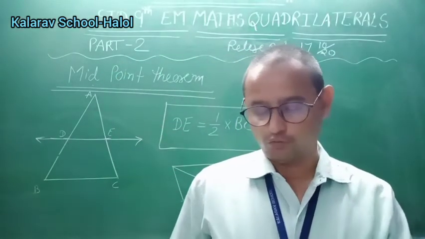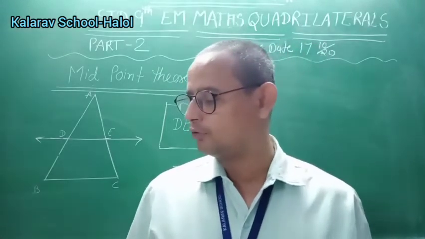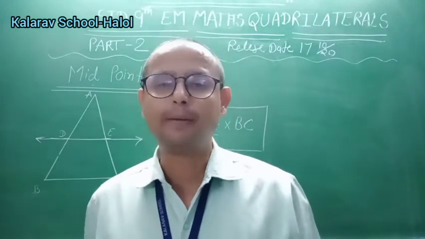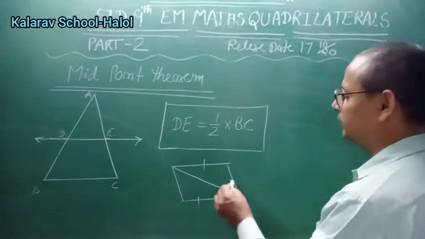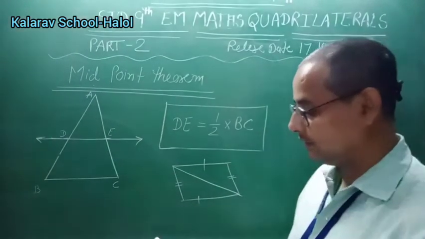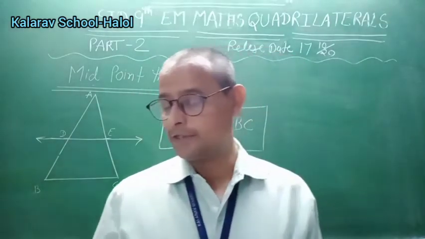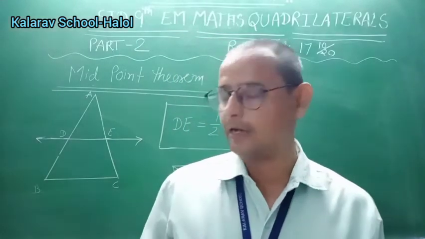Second, it says: if each pair of opposite sides of a quadrilateral is equal, then it is a parallelogram. Means if this side and this side are equal, and this side and this side are equal, then that is a parallelogram. Next statement: in a parallelogram, opposite angles are equal.